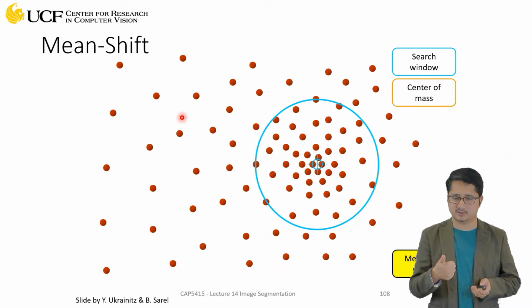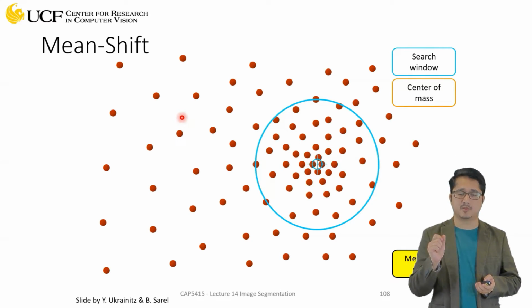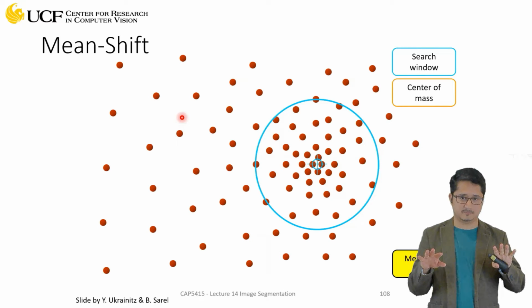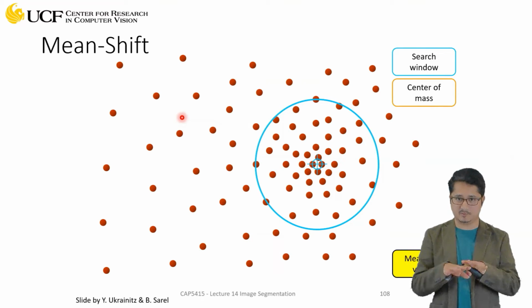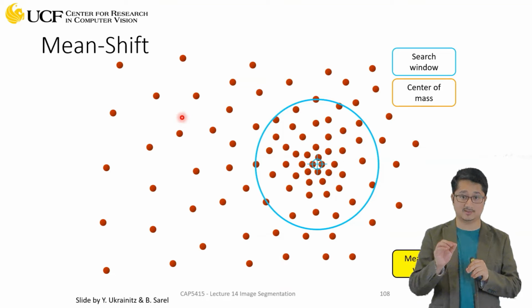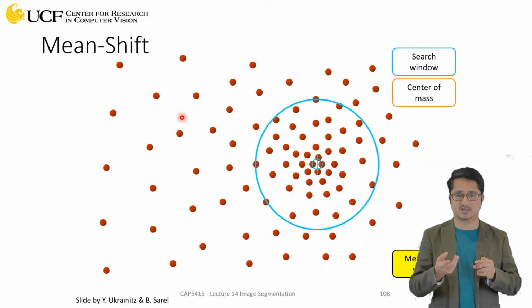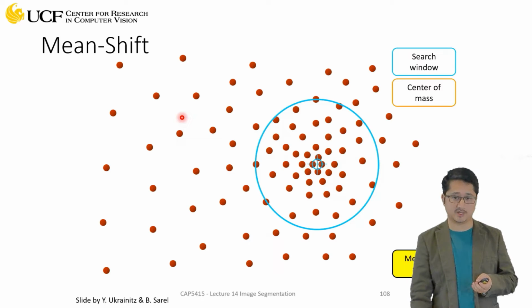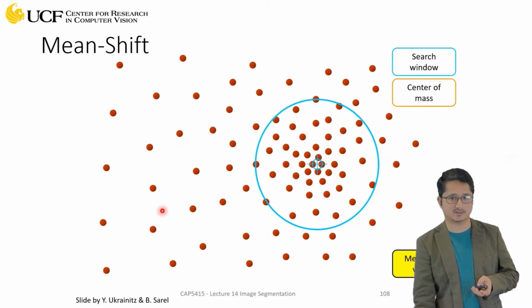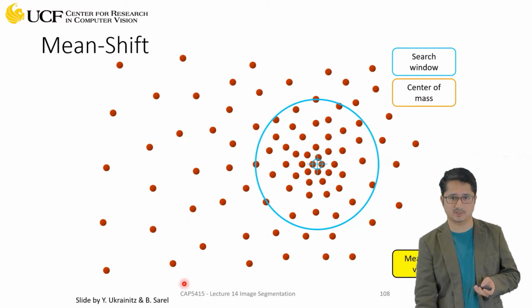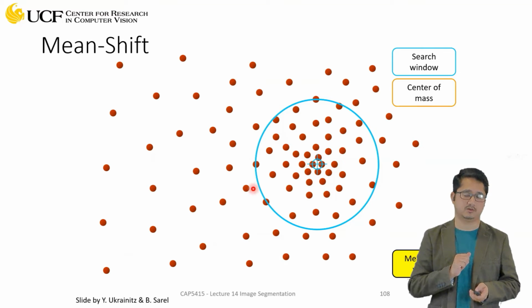The second important thing is that when we start with multiple points, we might end up at the same mode, at the same location. And in that case, we just merge those two segments together. So we might have started at this location as well, because we are doing it randomly, and that might have also ended up at this location. All those pixels will also belong to this particular segment.